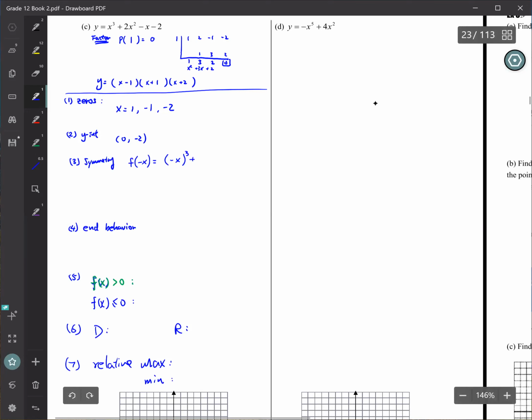Yeah. Okay, can you continue? Plus 2 bracket negative x squared, minus negative x, minus 2. Is that what you have on your sheet? No. Okay, you can change it now. I'll wait for you. When you're ready, let me know, and we'll continue from there.